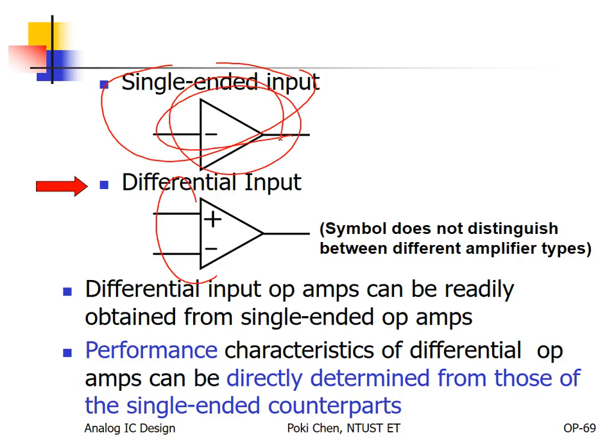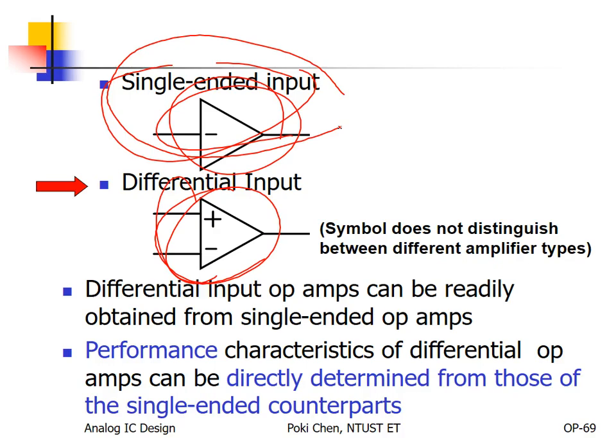But how about the differential one? It's much harder, but later I will show you a systematic way to estimate the performance of such a typical op-amp with the help of a very simple single-ended input amplifier. Later I will show you the secret.